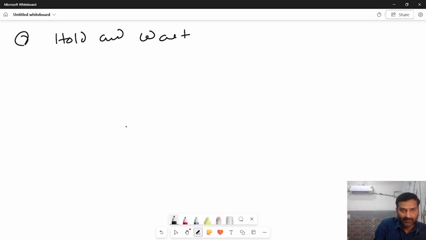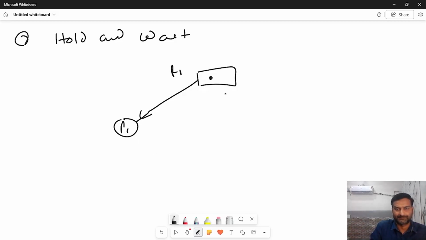Suppose P1 is a process, and it has been provided the resource R1. Now P2 is another process which is requesting for R1.